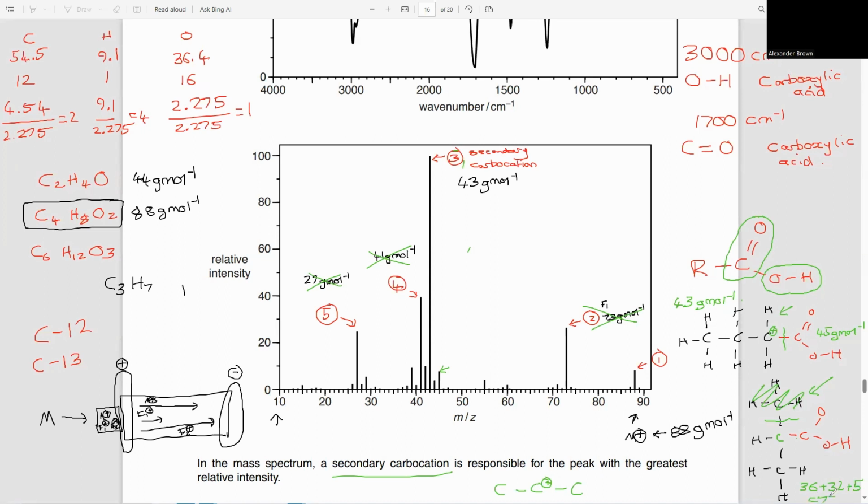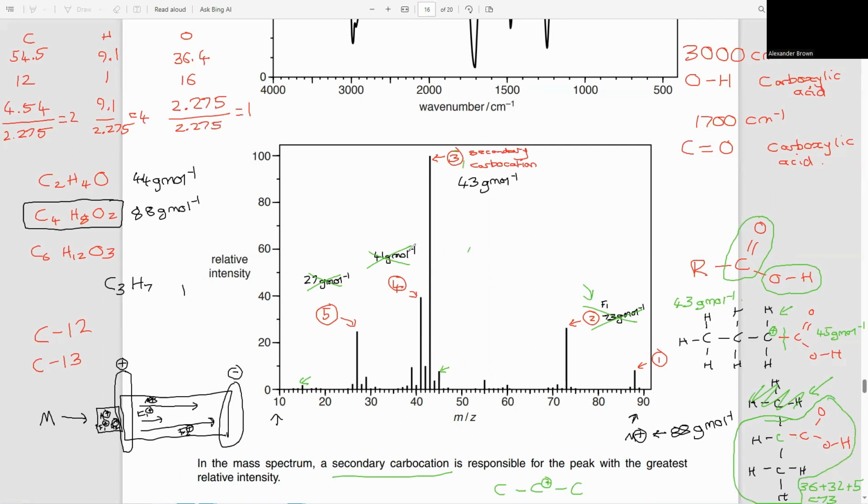So this would actually be peak 2 here. Now, this one that I've crossed out would be 15, and you can see there is a small peak at 15. After the fragmentation process, not much of this CH3 survives. It's mostly this that reaches the detector.